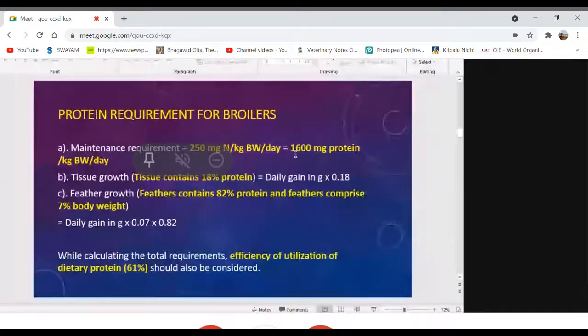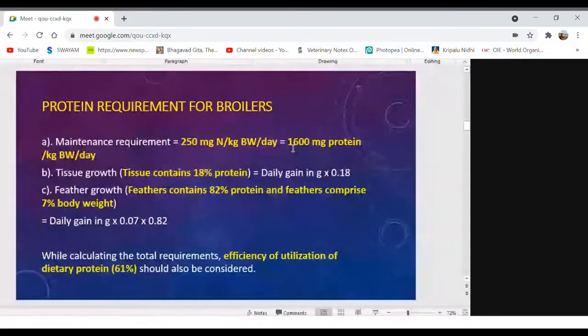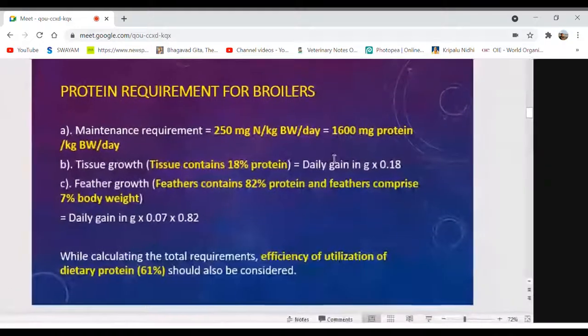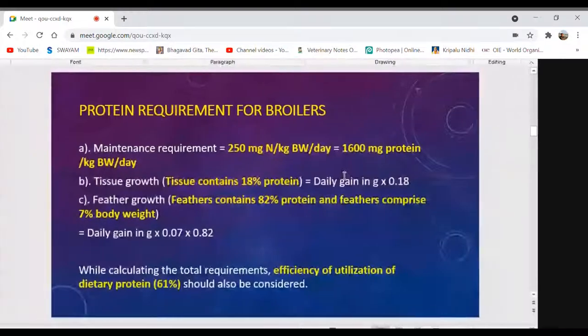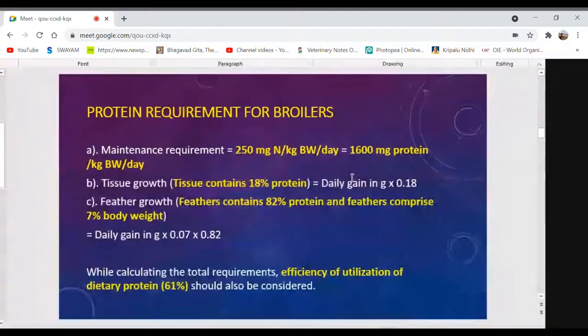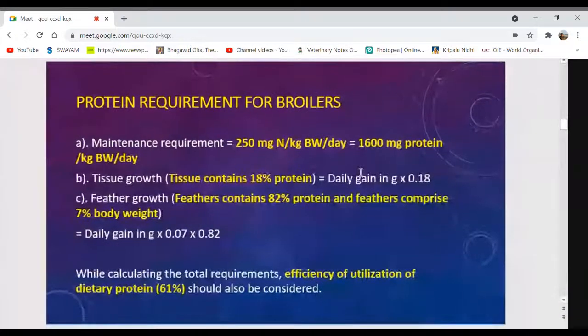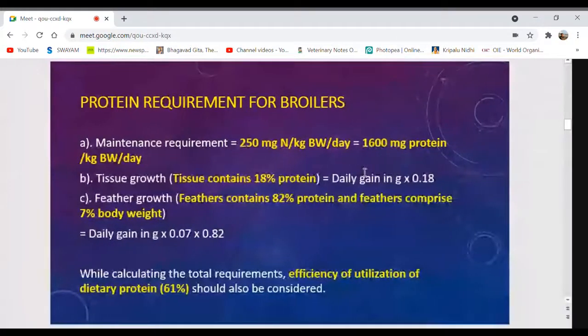Daily gain in gram into 0.18, because this is the protein content per gram, that means 18 divided by 100, it will be 0.18. And in case of feather growth, daily gain in body weight into 0.07, because 0.07 means 7% body weight, 7 divided by 100, and 82 divided by 100, it will be 0.82.